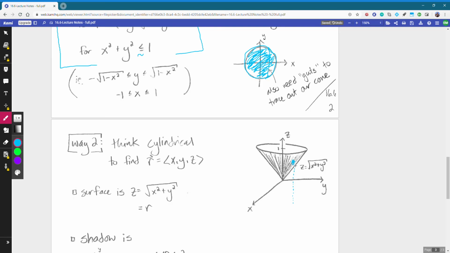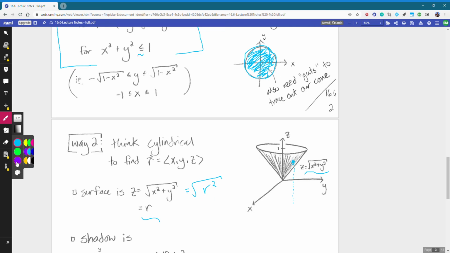But here, for our surface parameterization, we don't want to start at the cone and then move up to the plane. We just want the cone, and so we just are going to have z equals root x squared plus y squared. And in terms of cylindrical, x squared plus y squared is r squared, and that simplifies down to z equals r.